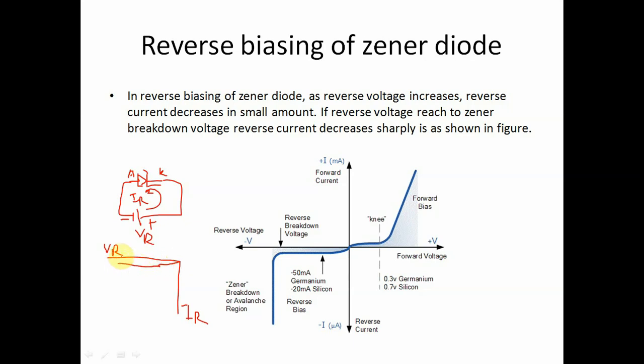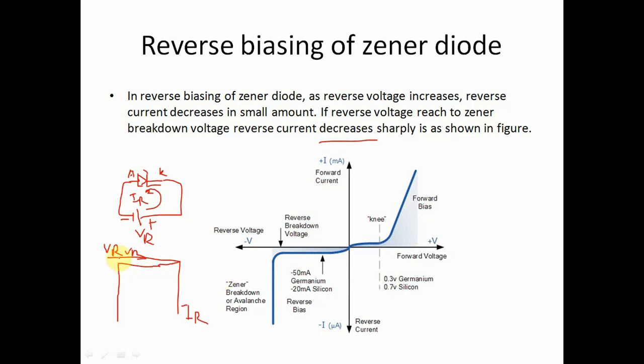When the reverse voltage reaches the breakdown voltage, the current increases sharply. This is the only difference between the PN junction diode and Zener diode. Zener diode operates in reverse bias condition.